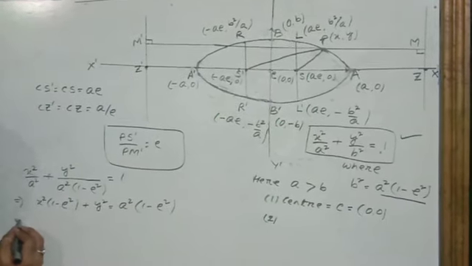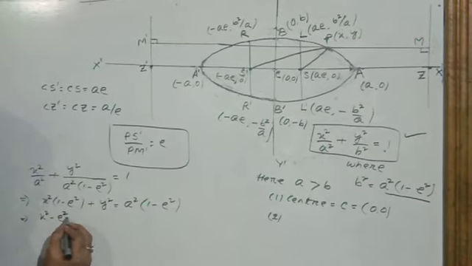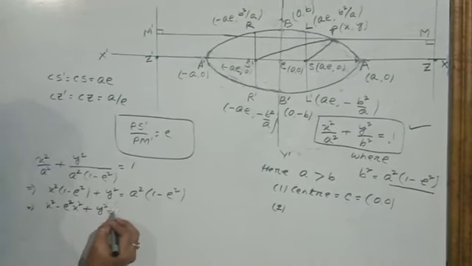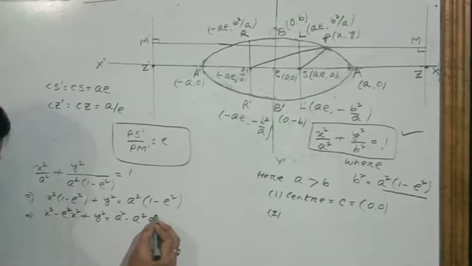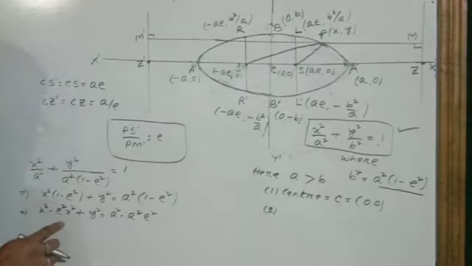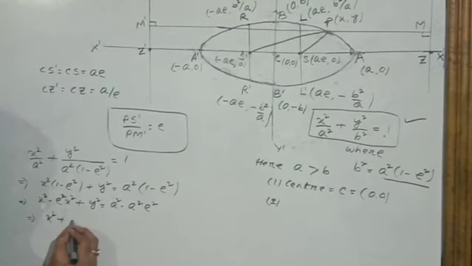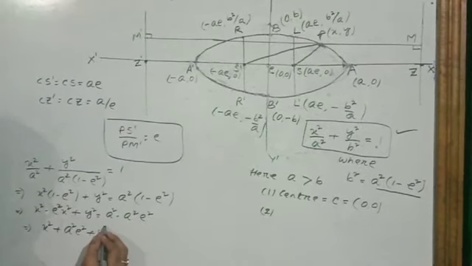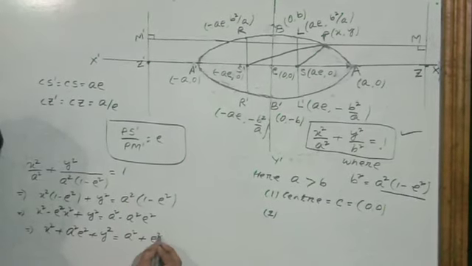So that gives you that x square minus e square x square plus y square is equal to a square minus a square e square. Now taking the negative terms to other side we are getting that x square plus a square e square plus y square is equal to a square plus e square x square.